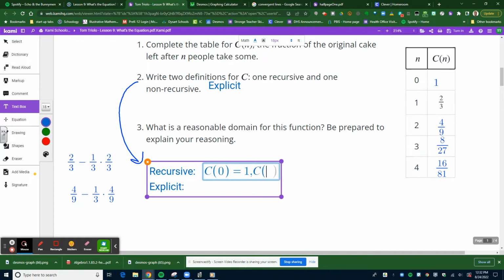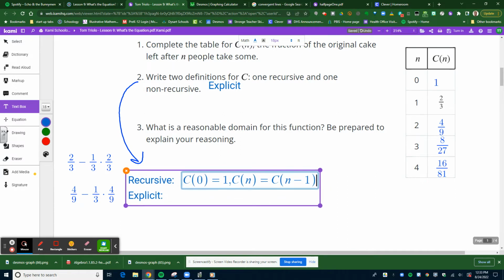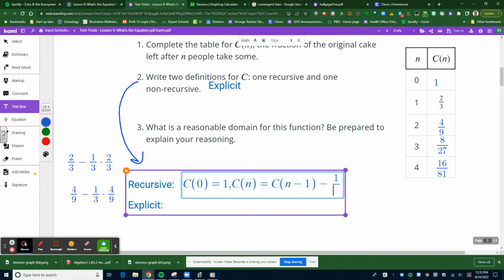C of n equals, and then we kind of follow what we do here. We take our prior term, which is C of n minus 1. Move this over here a little bit. And then what do we do? We subtract, right? How much? 1/3 of C of n minus 1. That's a lot. Y'all agree that's a lot?